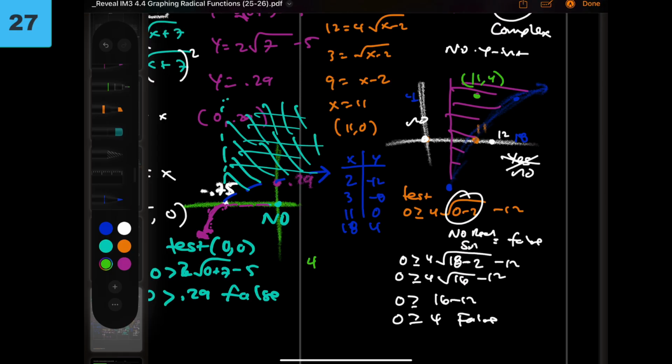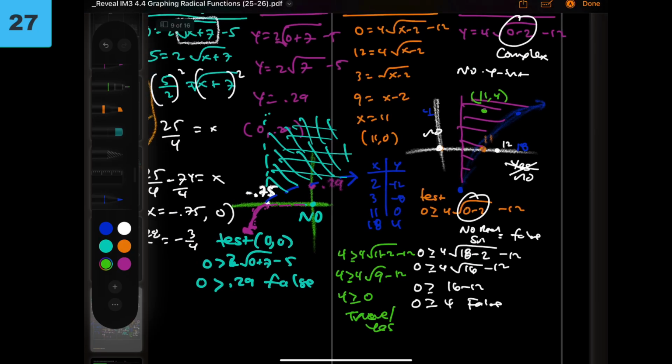So 4 is the y value. 4 is greater than 4 times the square root of 11 minus 2, minus 12. So 11 minus 2 is 9. Square root of 9 is 3. So you'll get this. 4 is greater than 0, so that would be true. Wow. So yes, you're going to shade in that region.